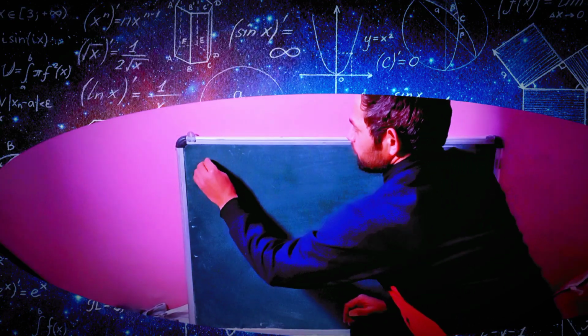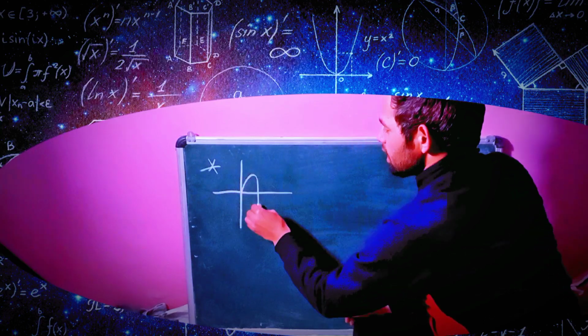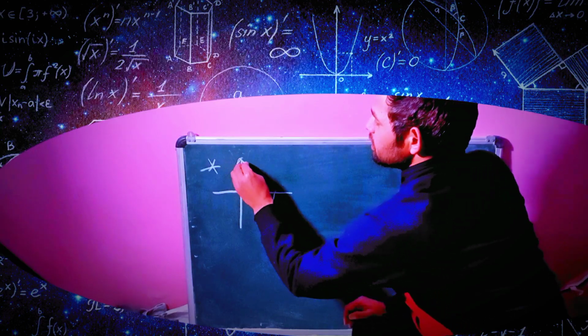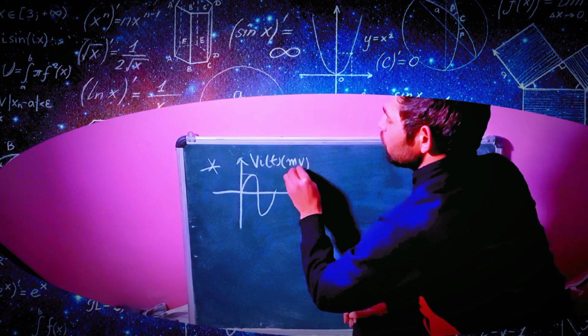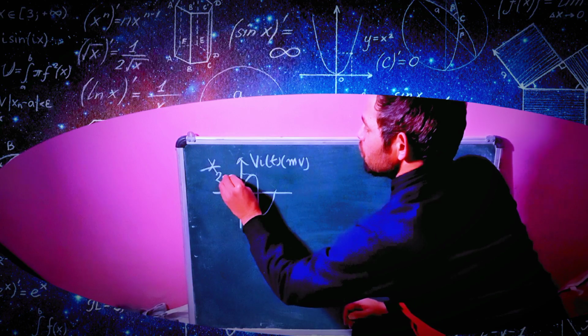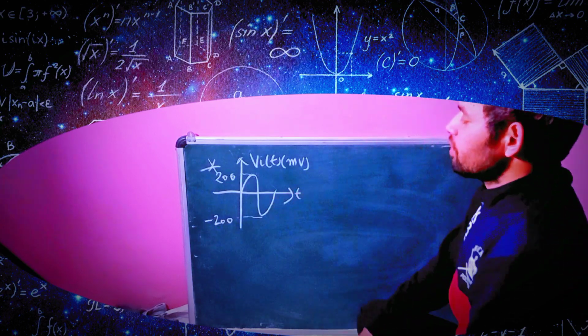See, what if I tell you I have one signal. This is Vi of t in millivolt, whose peak is varying from -200 to +200, as a function of time.